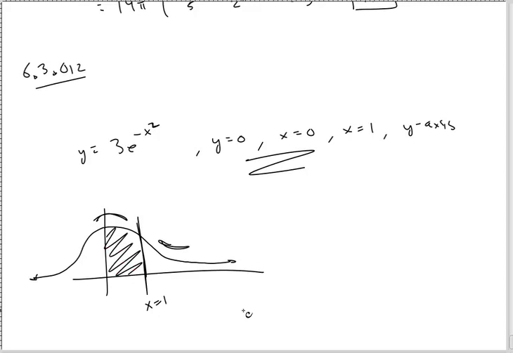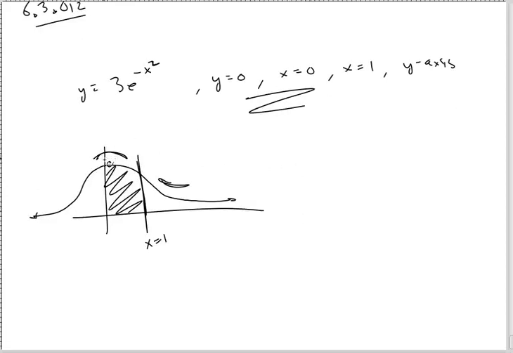Now we're going to find the volume of this as we revolve it around the y-axis. As I revolve it around that, what's the shape going to look like? Well, it's going to look like a bell curve hill that's cut off.